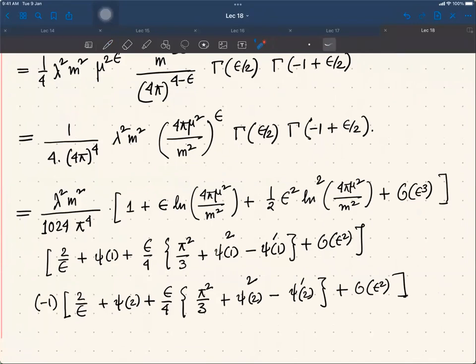Okay, so when I considered multiplying 1, I took psi 1 psi 2, but there is another source of terms: 1 multiplying order epsilon and 1 over epsilon from here. So that will be 2 by 4, which is half times this factor. Similarly, 1 multiplying 1 over epsilon from here and epsilon from here. So that will be again 2 by 4, half times this. So half times this plus half times this.